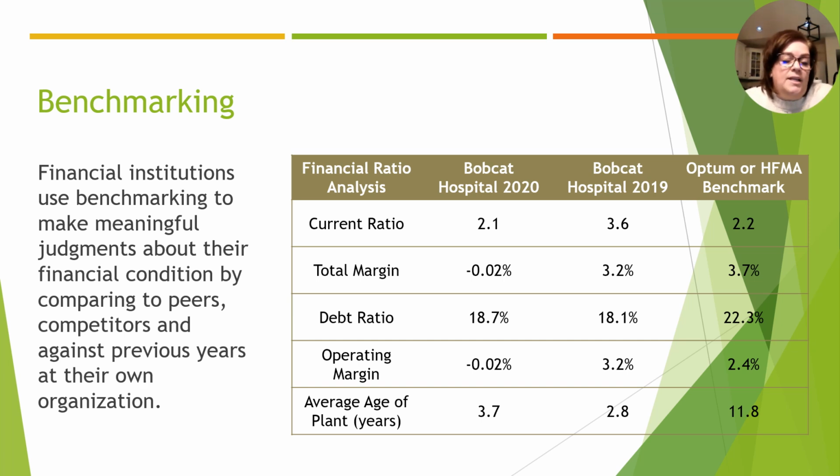In this example, they did not have any non-operating income, so essentially the value was the same for both equations. And if you look at this, you can really see where Bobcat Hospital is stacking up against the benchmark for some comparisons.